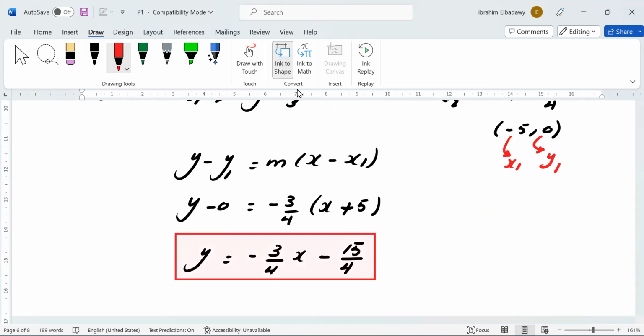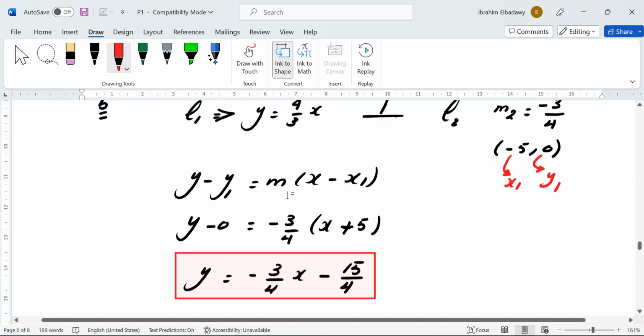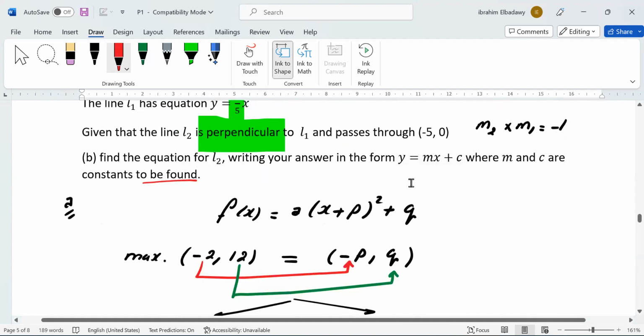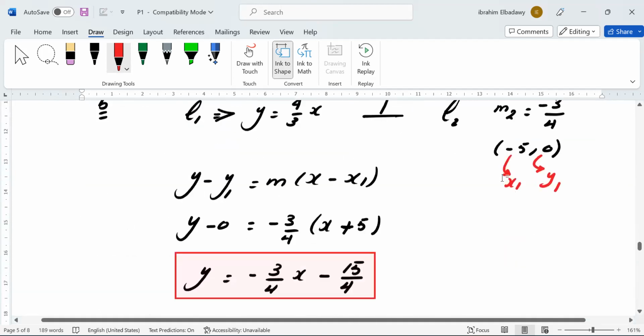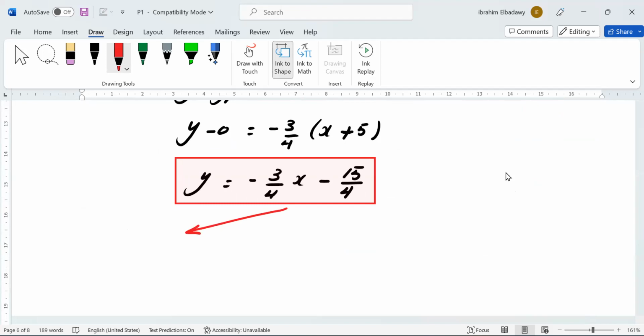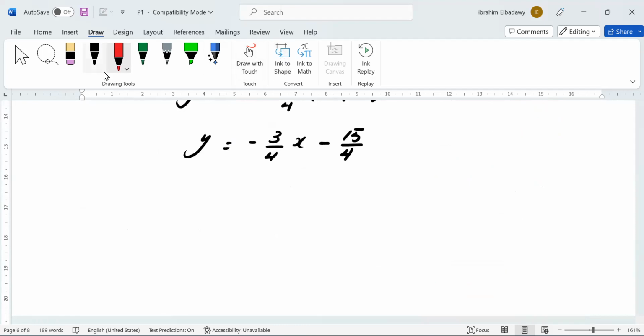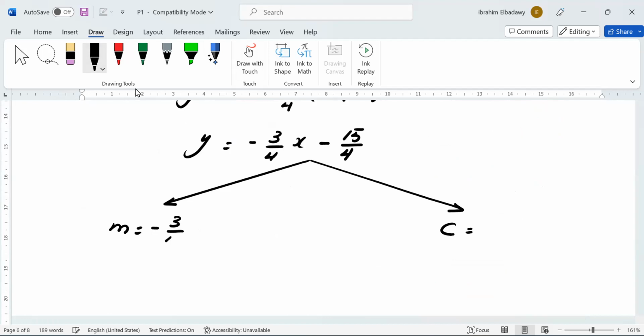Actually, you have to write something else. You cannot stop here. Why? You have to read the question carefully. He said here, write your answer in the form y equal mx plus c, where m and c are constants to be found. If he said to be found, then at the end of writing your answer, you have to say m equal negative 3 over 4 and c equal negative 15 over 4.